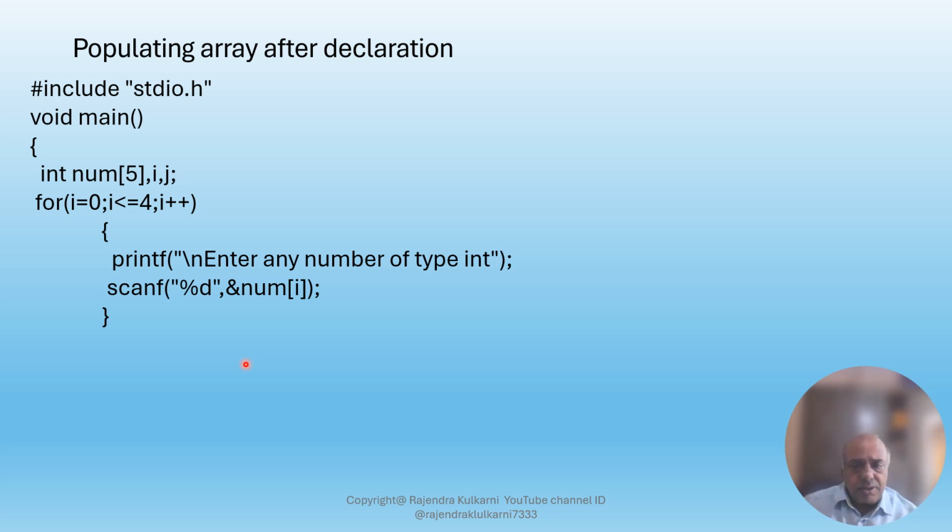Similarly, when i becomes 1, element number 1 will be assigned with the input, and so on up to element number 4. So when i is equal to 4, the fifth element of the array num will be assigned with the value that the user types in through the keyboard.